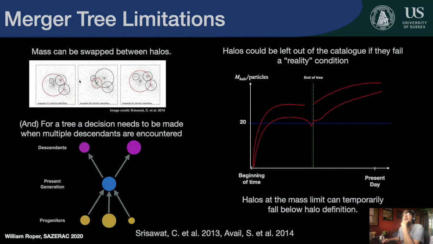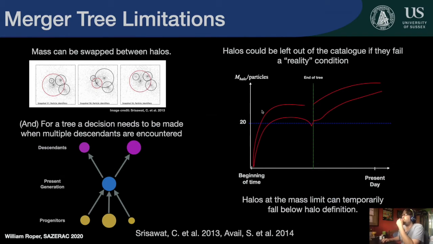Then you step forward one time step, and most of that mass has been attributed to the halos around it. You step forward once again, and the mass has been reattributed to the original halo. There's this weird flip-flopping, which I'm sure you can immediately see will give a highly unphysical mass evolution over time for this halo.